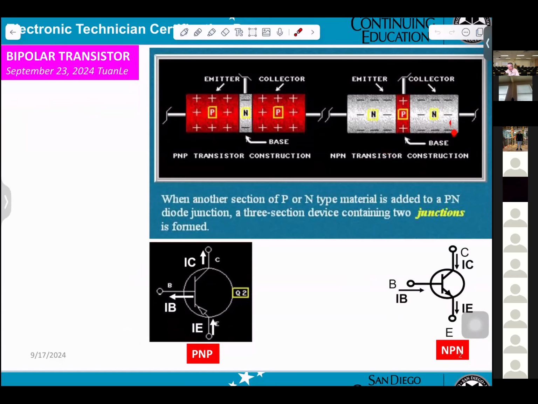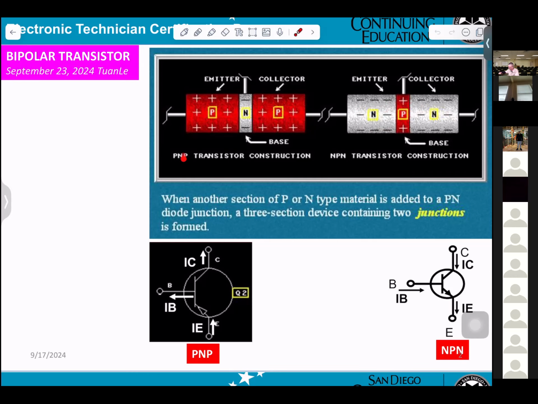NPN here. This is the N, this is the N, and the P in the middle. N side contains electrons. P side gets the holes. That means when electrons are moving, the current will be flowing.